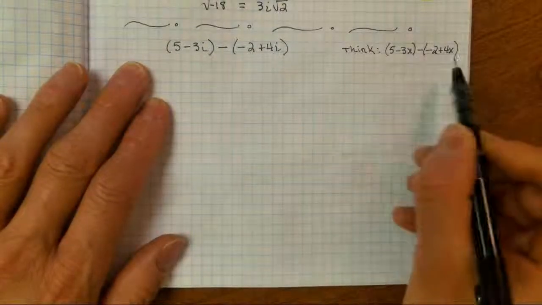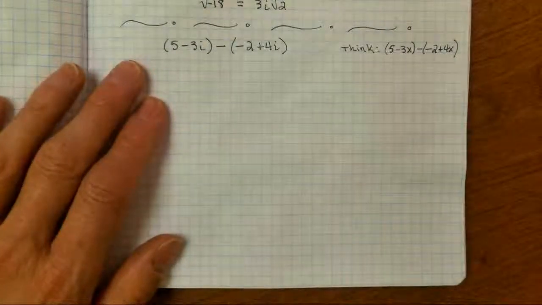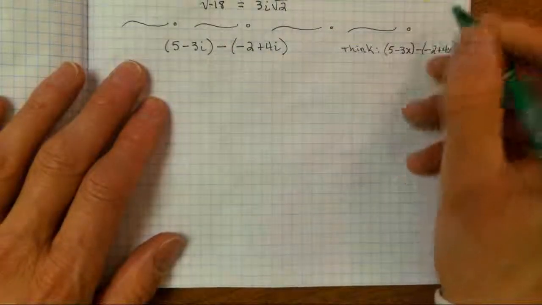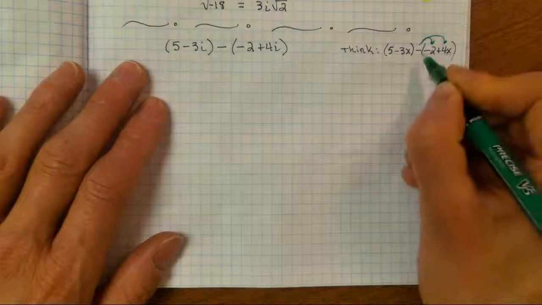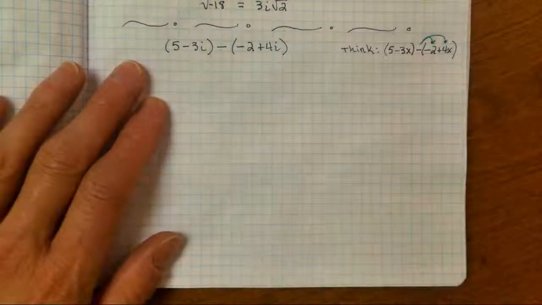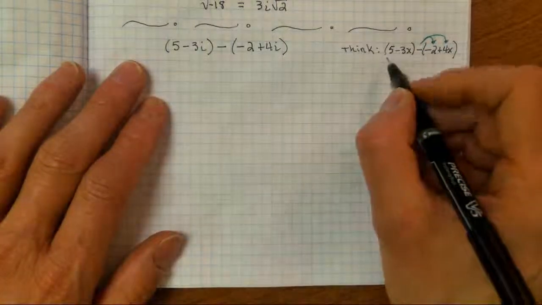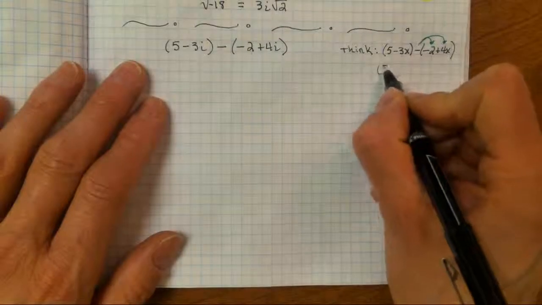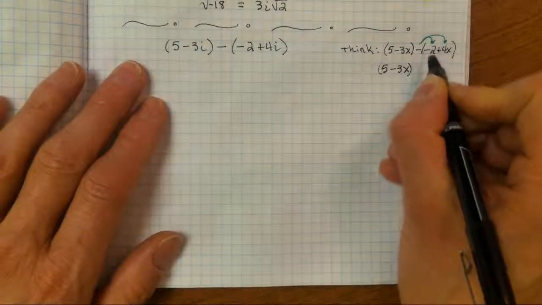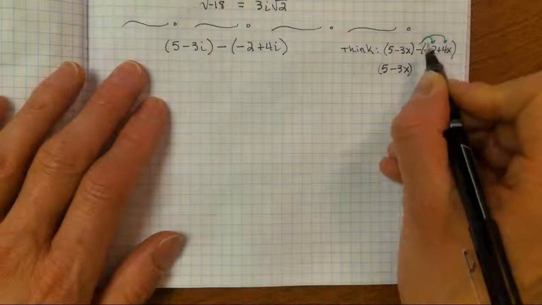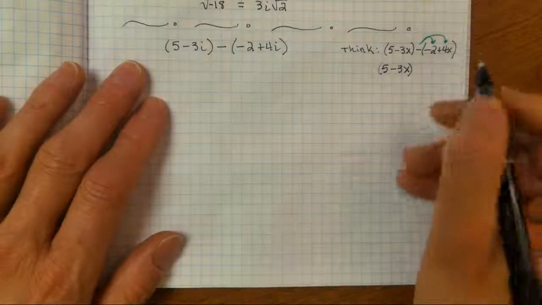It's actually the same sort of thing. So if I were to do this, the first thing I would have to do is distribute this negative 1, because this is a negative 1 times that quantity, which means I would now have 5 minus 3x. When I distribute, I'm multiplying in, which means I no longer need to group my parentheses.